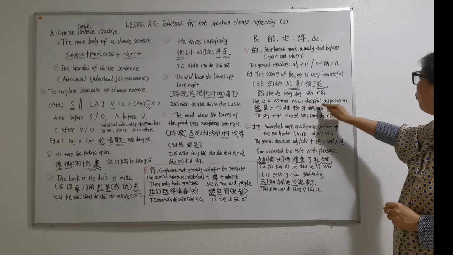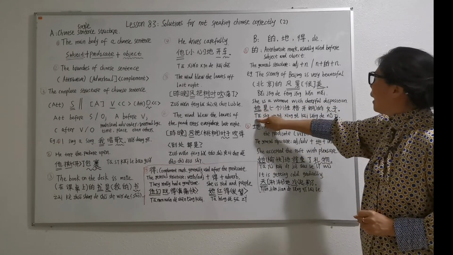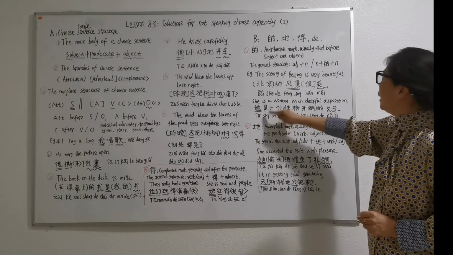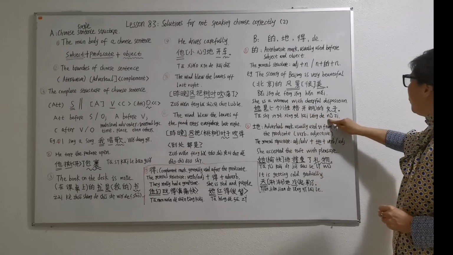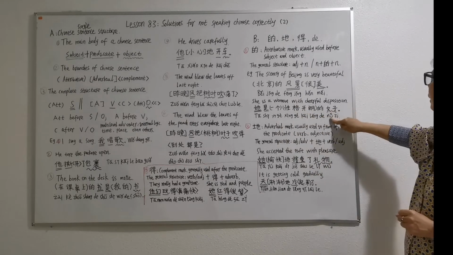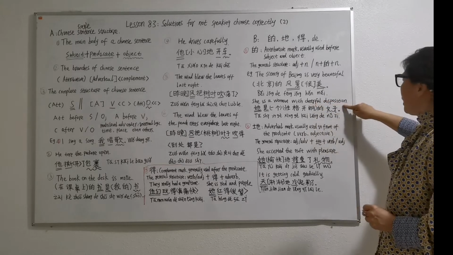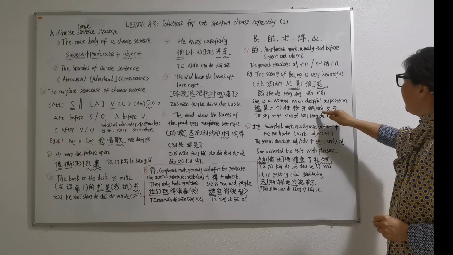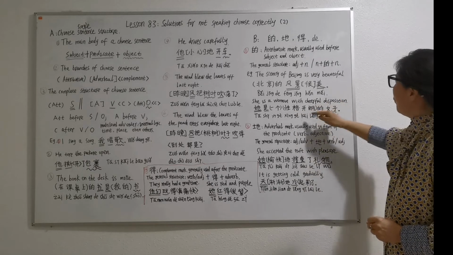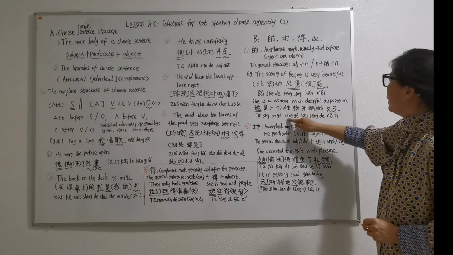And another: She is a woman with cheerful disposition. She 她 is 是 a 一个 woman 女子 with cheerful disposition 性格开朗的. Cheerful 开朗的, disposition 性格.